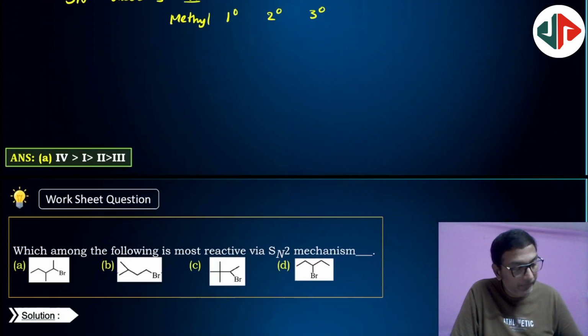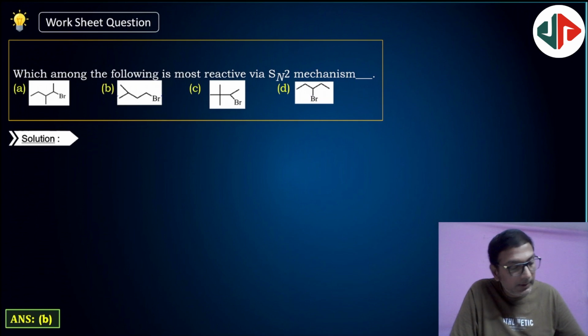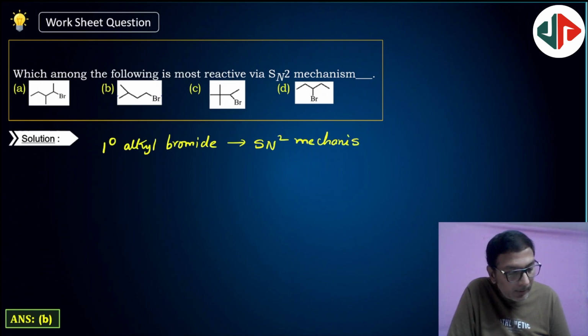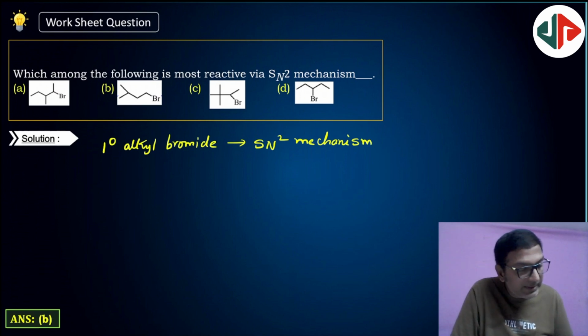Next. Which among the following is most active towards SN2 mechanism? Primary alkyl bromide will give SN2 mechanism. Out of 4 options, which is primary?